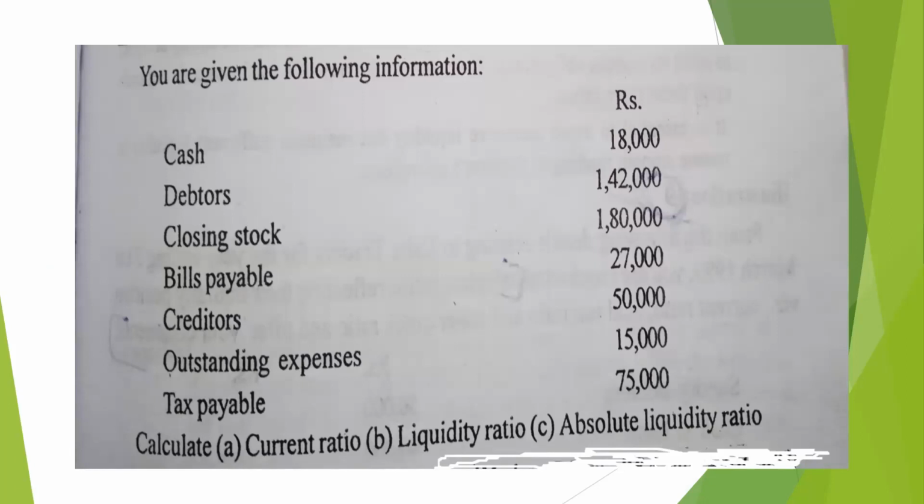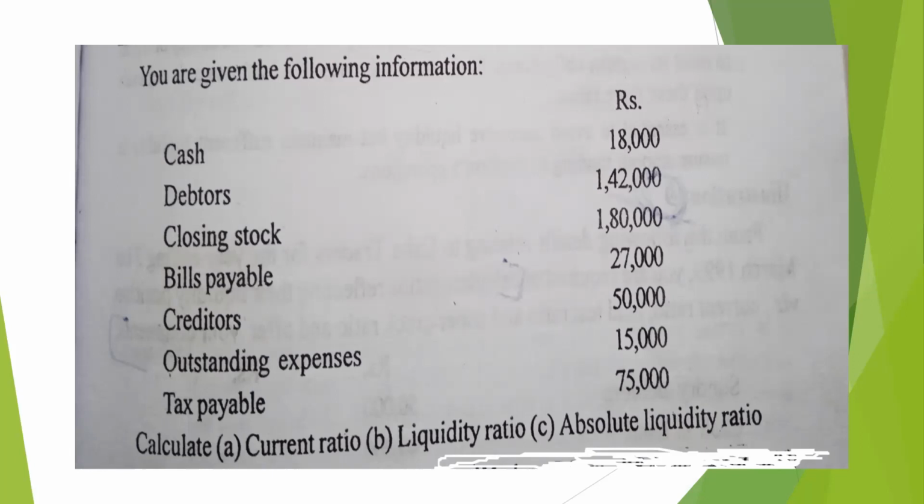Here, the list of current assets and current liabilities are given. So, we want to calculate current ratio, liquidity ratio, and absolute liquidity ratio. In that list, cash is a current asset, debtors is a current asset, closing stock is a current asset.